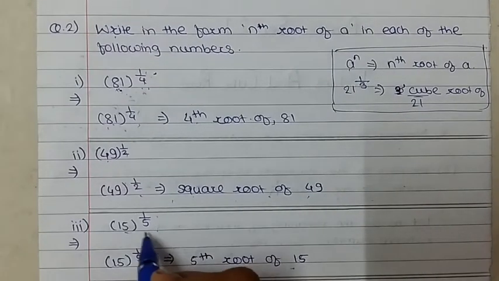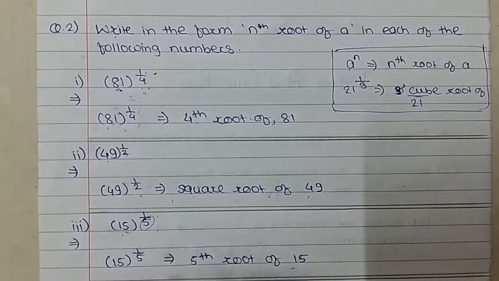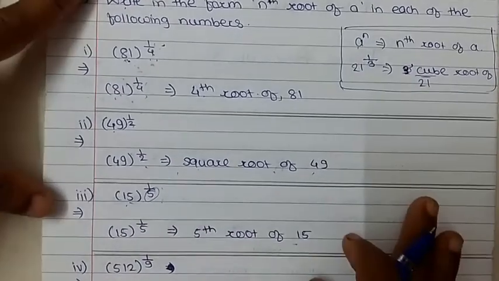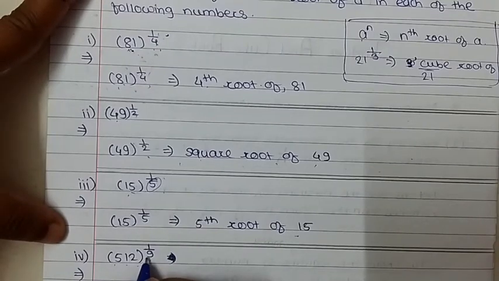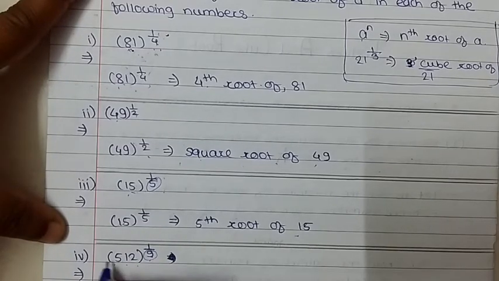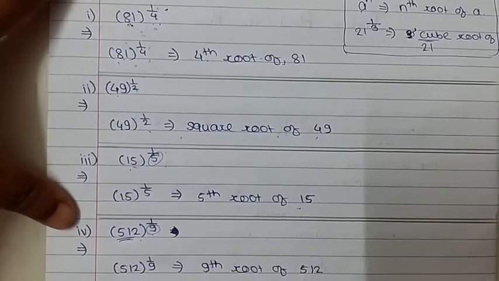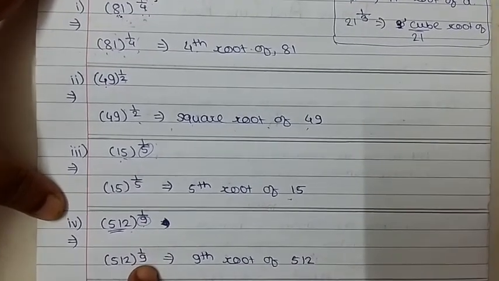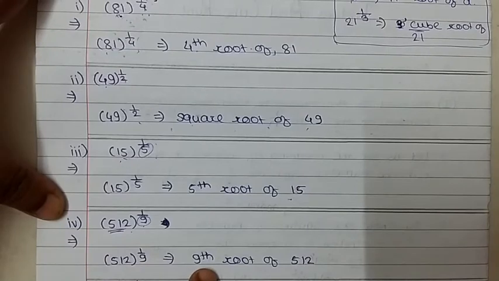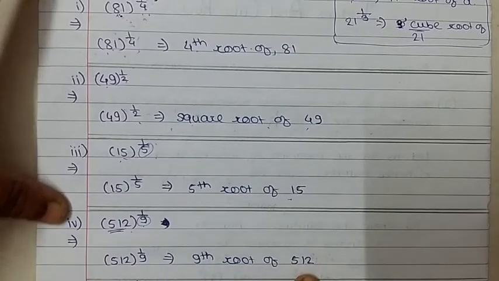Similarly 512 raised to 1 upon 9. This 9 represents the ninth root of 512. So 512 raised to 1 upon 9 is equal to ninth root of 512.